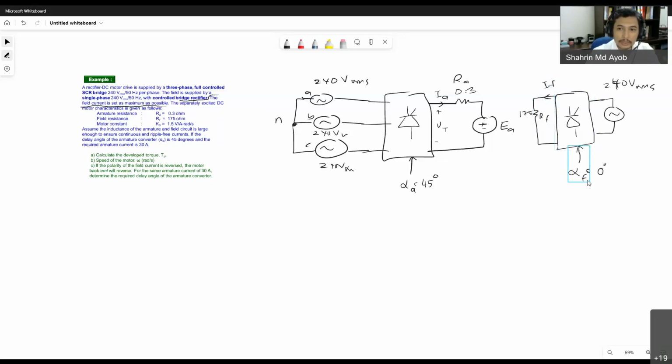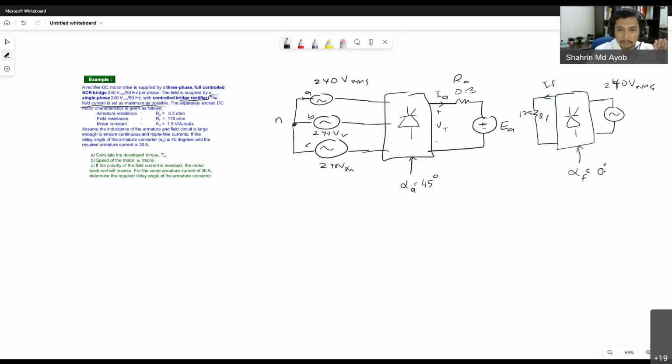If you reduce the voltage, you reduce the current. So to ensure the voltage is maximum, we set the delay angle to 0. There is no delay angle, because when you delay the angle, you will get a smaller voltage.